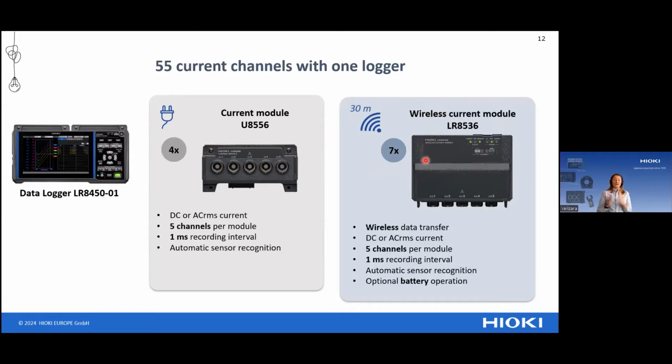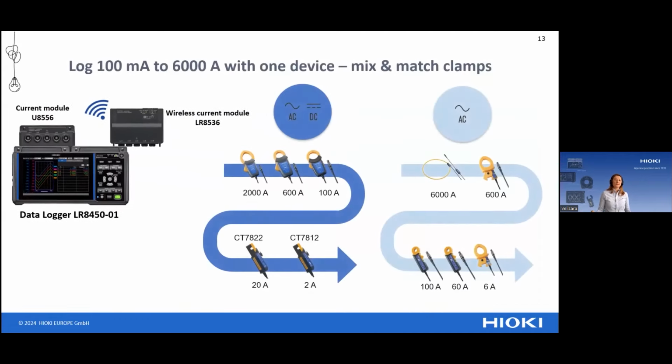You can connect up to 7 of these wireless modules. So you can use a combination of both, 7 plus 4, so 11 modules in total, that you can connect to the data logger. Each one of these has 5 channels, which means that you can log in total 55 current channels with a single device. Of course, the modules are recognized automatically by the data logger, and this is also valid for the current sensors, which are compatible with this combination of data logger with current modules.